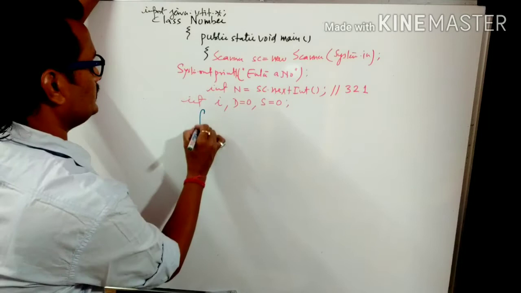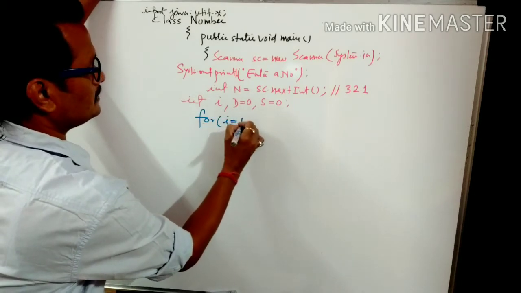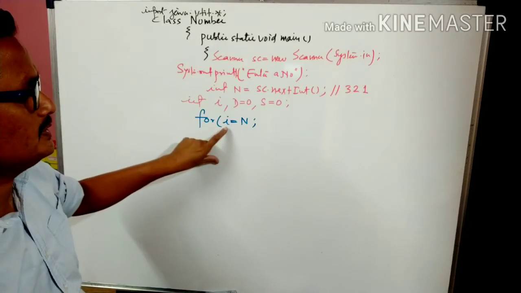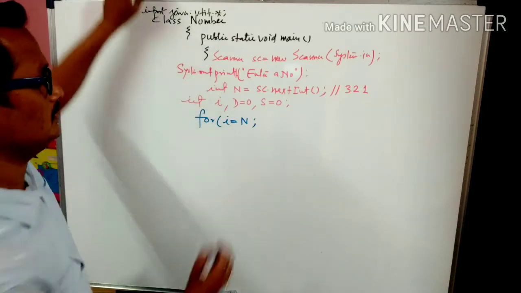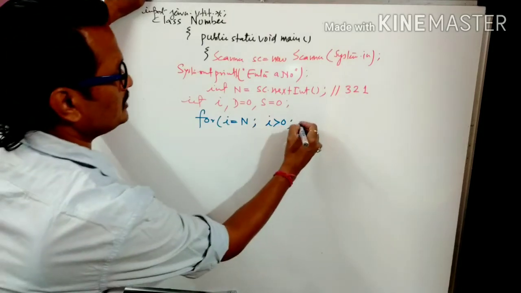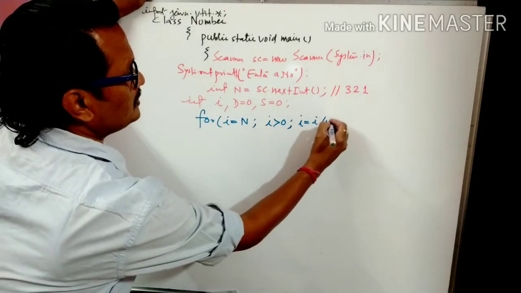Now what we will do here: for i is equal to n, the value of n will be copied to i, so the value of i will be 321. The condition is i greater than 0, that is i not equal to 0, and the updation will be i equal to i divided by 10.